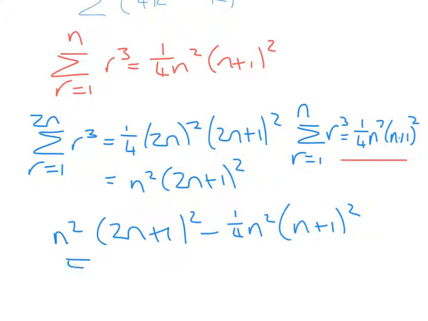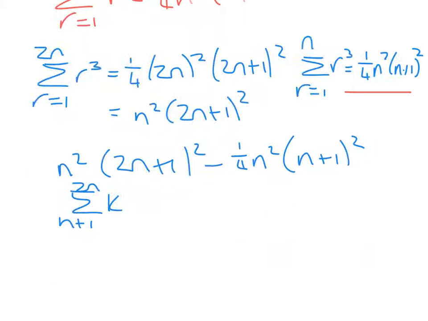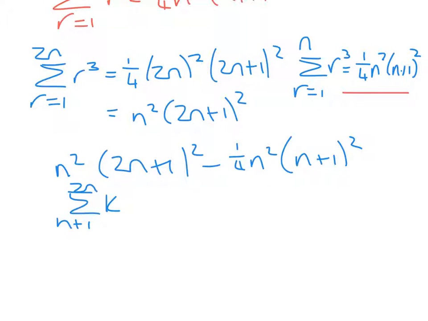Second one we want to sum then from n plus 1 to 2n is k. And remember, that is asking us to do n plus 1 plus n plus 2 plus the whole way up to 2n.